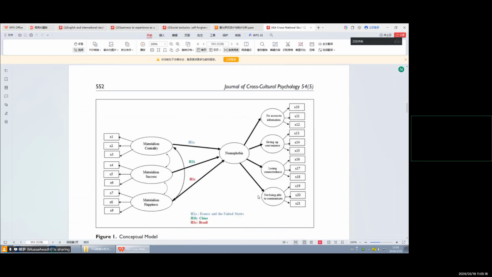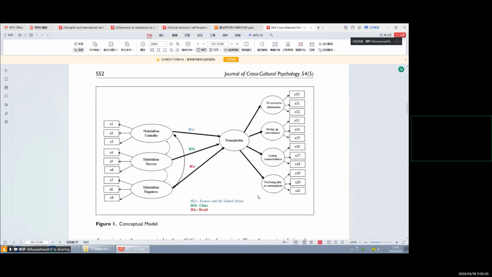Yes, I think it's good because we find that this article focuses on the dimensions, right? How the three dimensions are related to nomophobia. But there is a bigger difference here. You pay attention here.